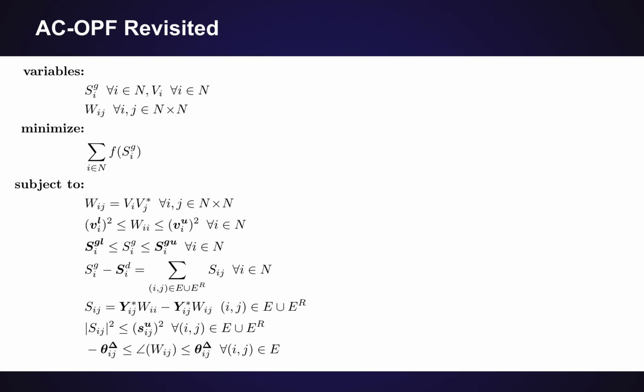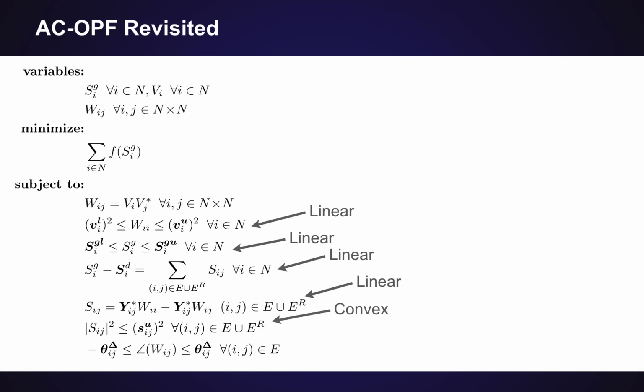Now if we look at all the constraints, we see that this constraint is linear, this constraint is linear, the nodal power balance is linear, and the power flow constraint is also linear, because we have the voltage products there. Our power flow constraint for the power magnitude on the transmission line is convex, and we also have a linear constraint on the angle differences.